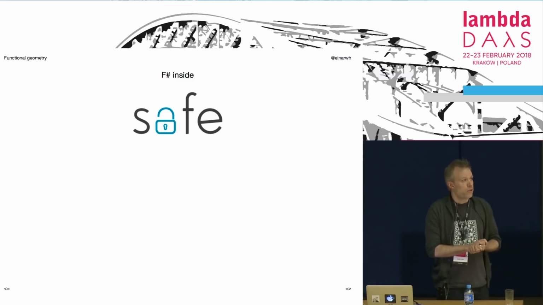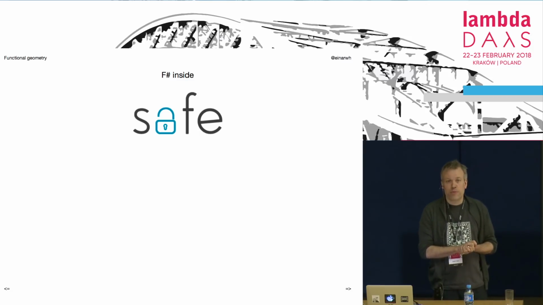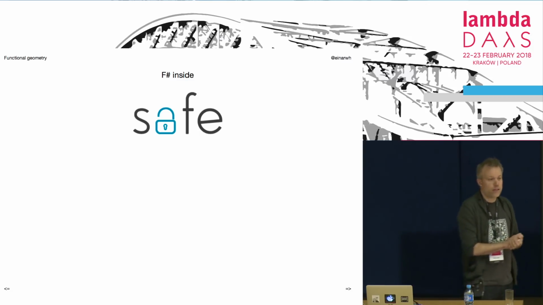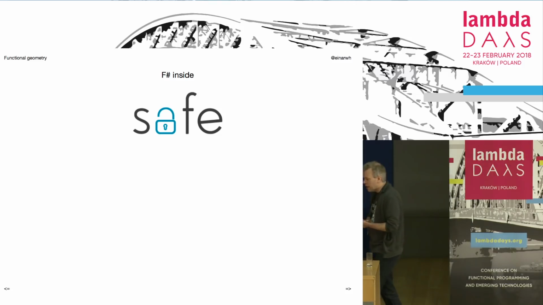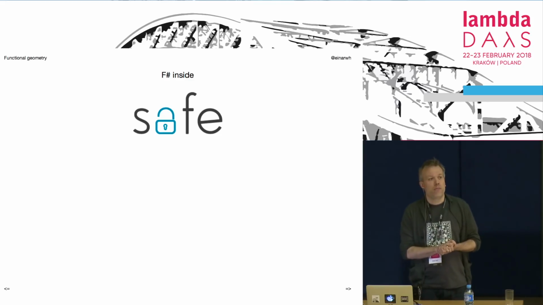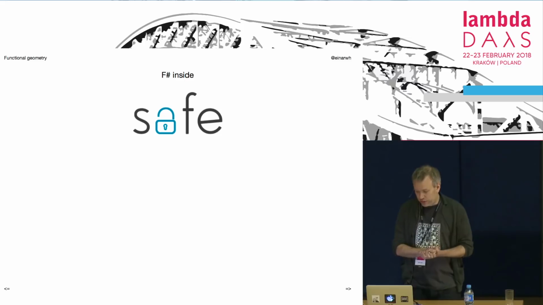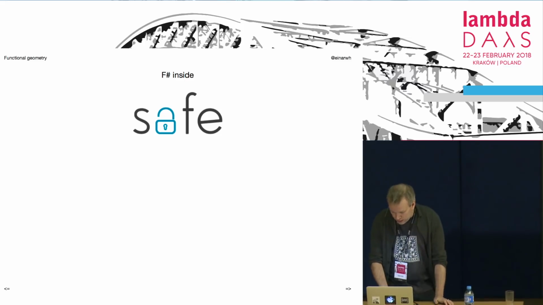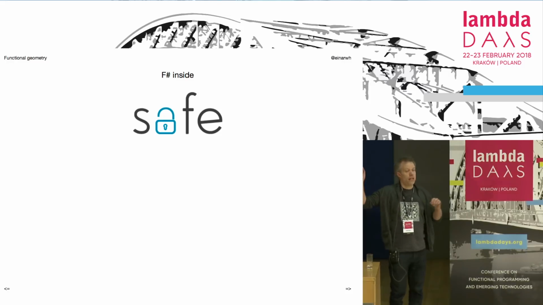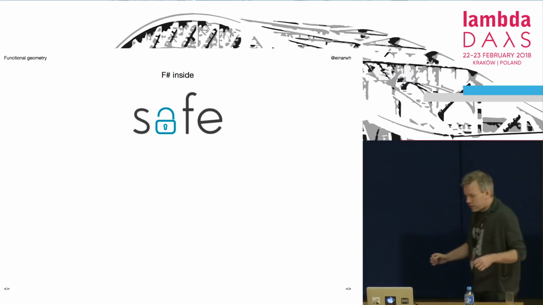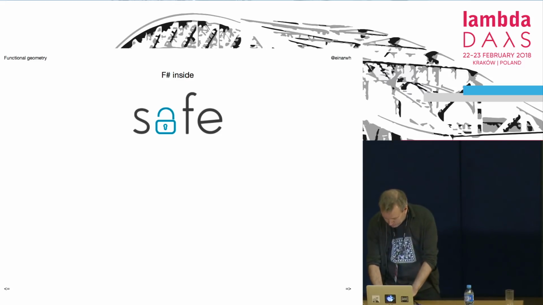And then I found some good people from the F# open source community had created this wonderful stack called Safe, which allows me, I'm not a Safe expert in any way, but it allows me to sort of run my F# code in the web browser, so that's pretty cool. So huge thanks to them. And basically, this is the F# Safe application running right now. So yeah, that's what we're looking at.